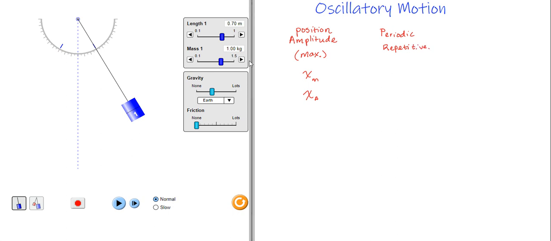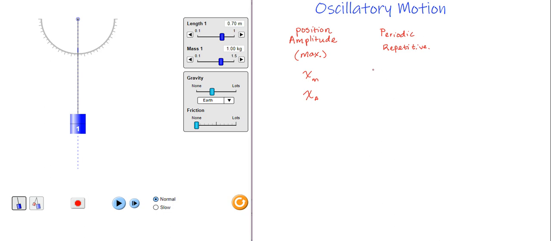Now, it's not just any kind of repetitive behavior, it's specifically behavior that is moving around some sort of equilibrium. So it wouldn't be the same as an object that keeps repeating the same motion as it moves in a straight line. It could, but it doesn't necessarily have to do this. So we see here it's swinging back and forth between these two positions through the equilibrium position.